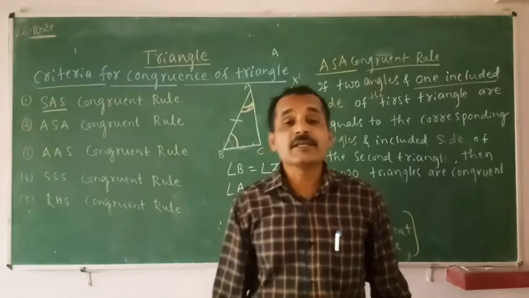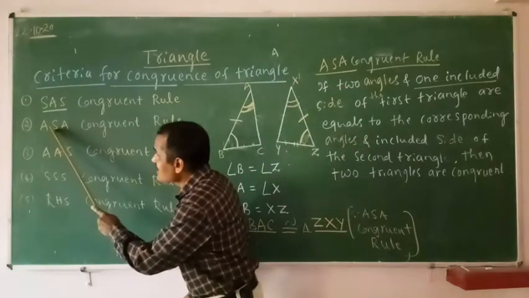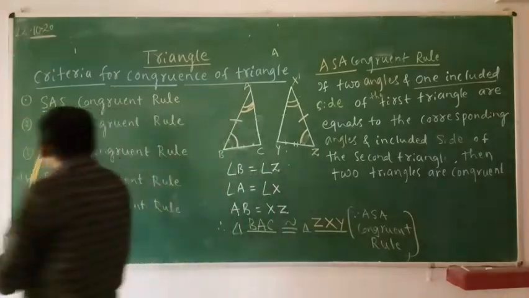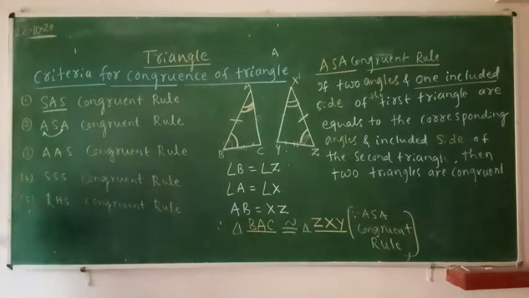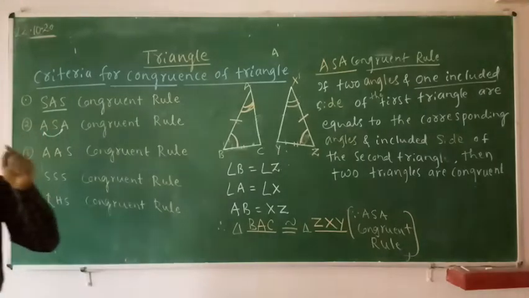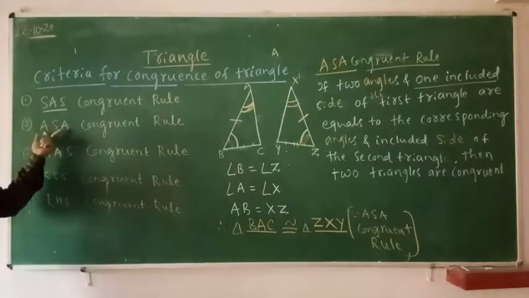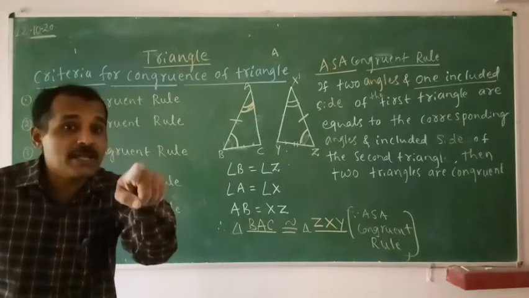Yes, definitely there is a difference. See, this S is lying between two angles. So this is called an included side. Since it is lying between the two angles, that S is called the included side.